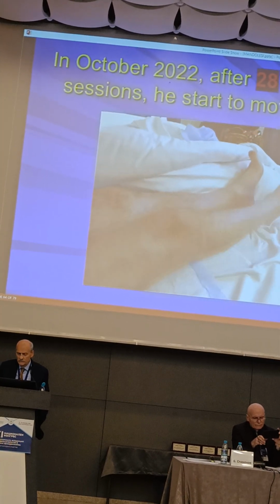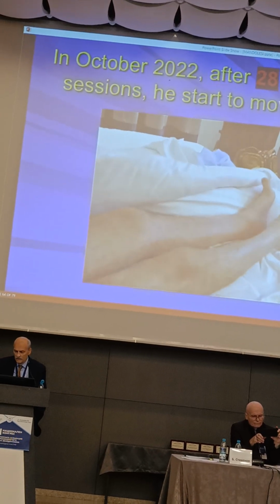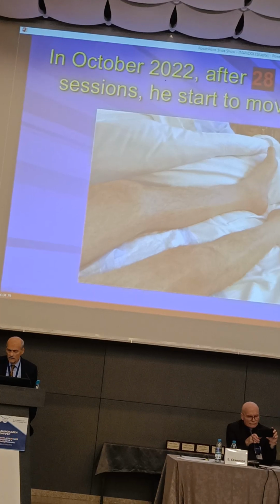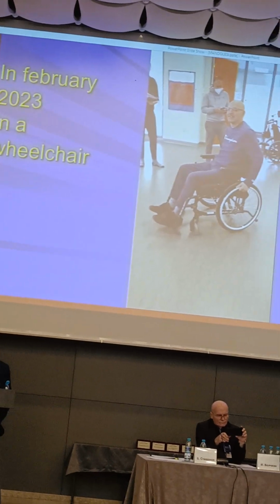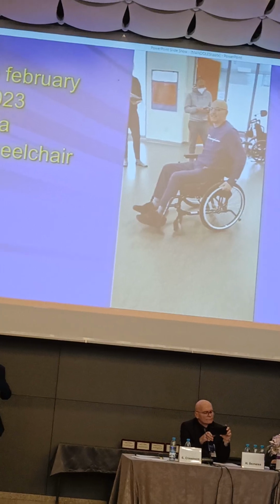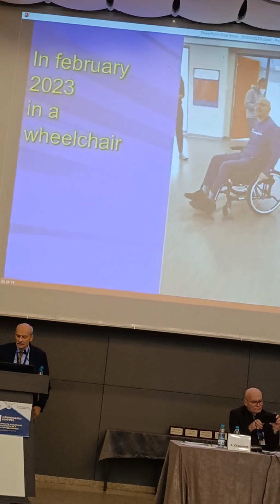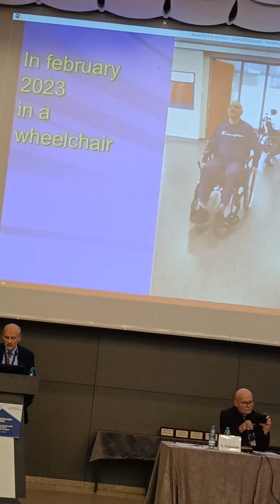Another one? This is the wife. In February, he just sits in a wheelchair and moves the arms. He can use them, the upper limbs.